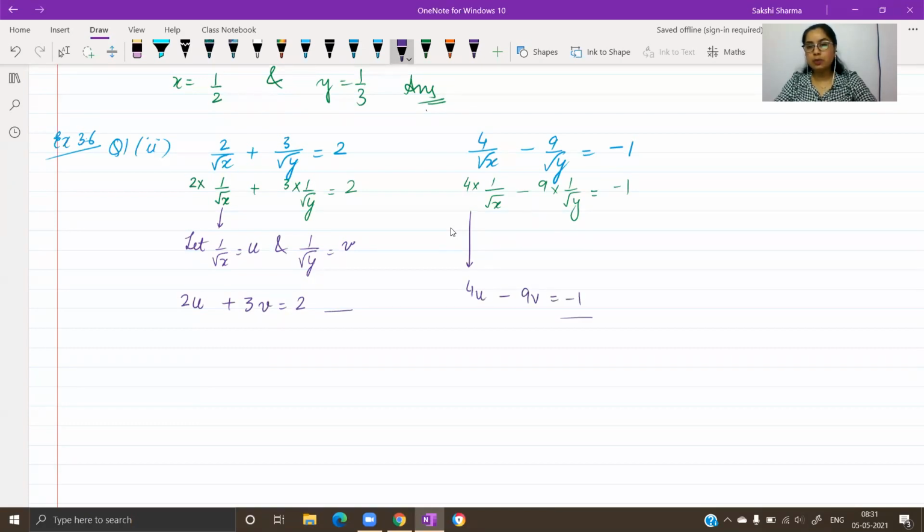So this is the new pair of equations that you want to solve. Obtain the values of u and v. Multiplying equation number 3 by 2. And then subtracting equation number 4.